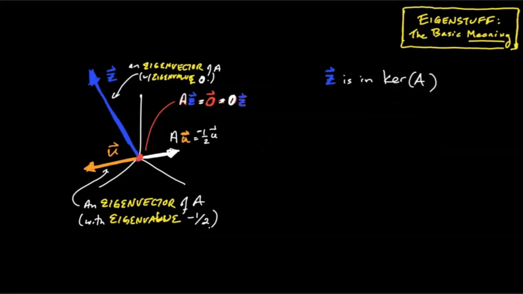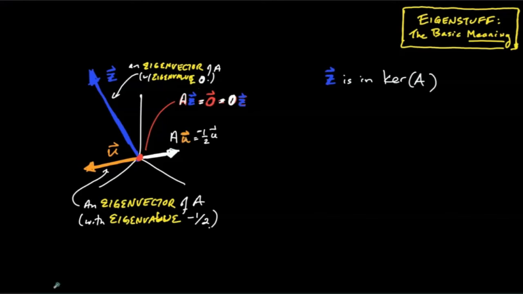So the kernel has to be one of those. And we know it's not just the origin itself, because after all, here's a non-zero vector that lies in the kernel. So that means the kernel is at least one-dimensional. It's either a line, a plane, or all of R3. And no matter which one it is, it consists of infinitely many points, all of which, by definition of the kernel, get mapped to the origin, which means that every vector in the kernel, well, strictly speaking, every non-zero vector in the kernel, is an eigenvector of matrix A, with eigenvalue 0, right?